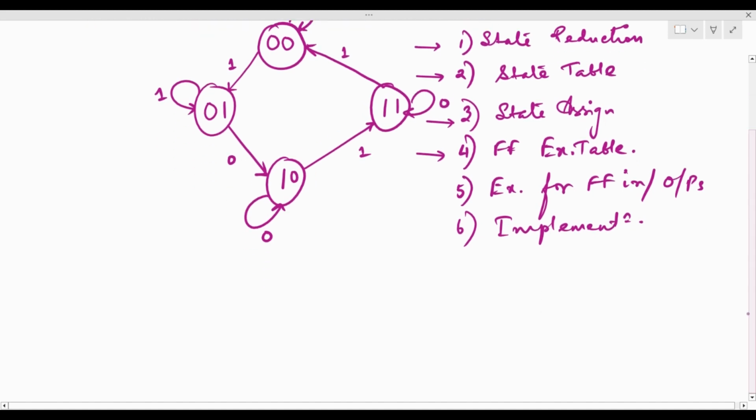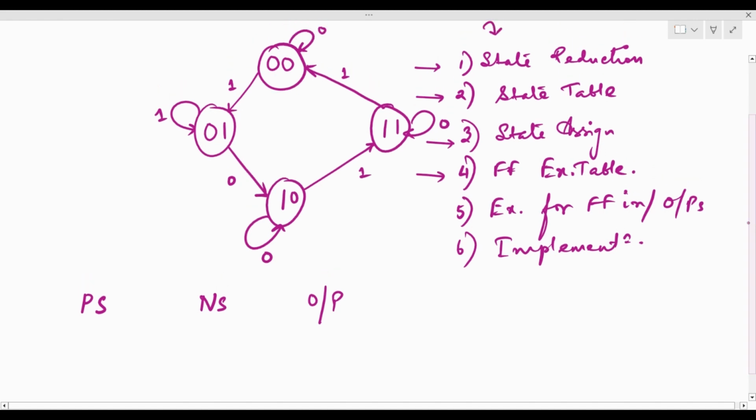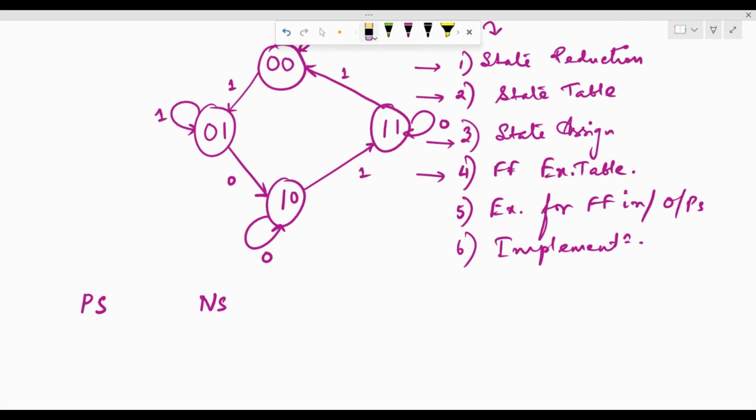We know that the state table is going to have the present state, the next state, and the output. As far as this state diagram is concerned, there seems to be no output as such for this particular circuit, so I'll conveniently get rid of the last column. Now we see that the transitions are dependent upon one particular input.